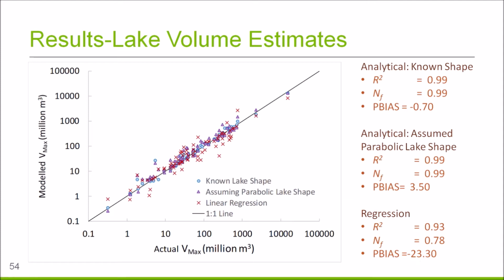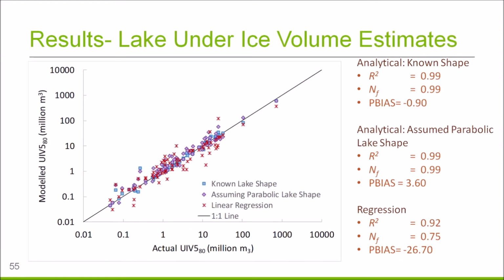But at least you have something to estimate with when no other information is available. We have similar results for under ice volume, which is very important when we allow water withdrawal in winter time. So this is a very important parameter that we also have to look at.